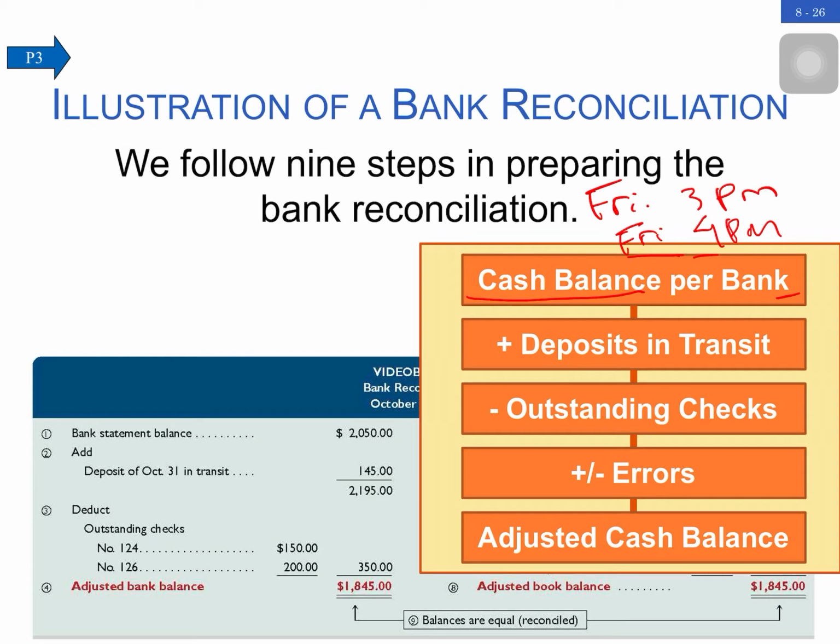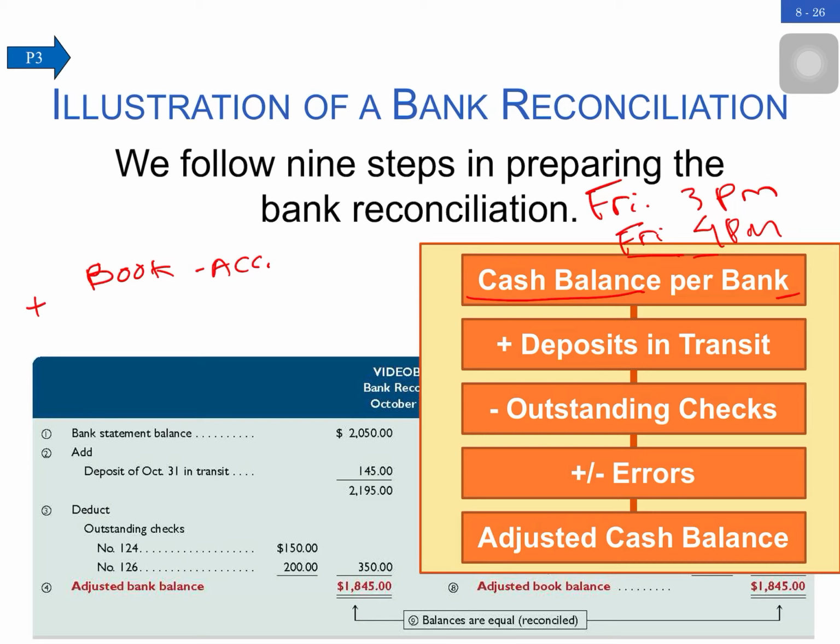But in your book, kept by your accountant, you already added the money that you receive from Malaysia, because your client transferred the payment slip, the invoice, to your email.